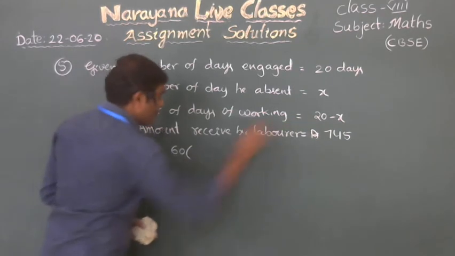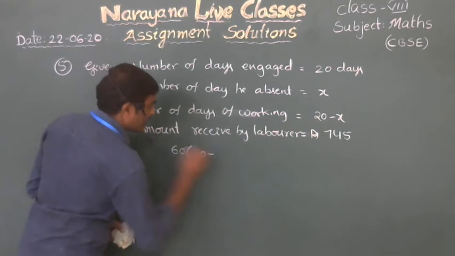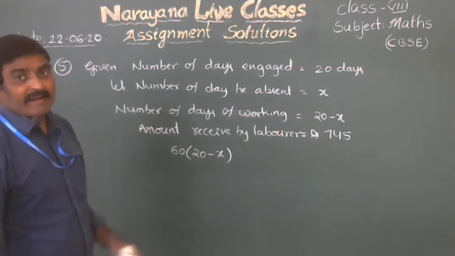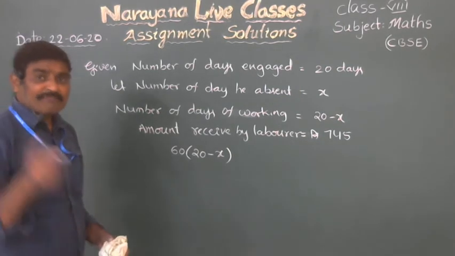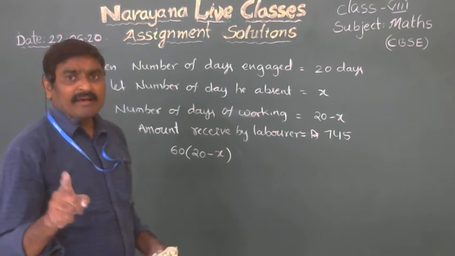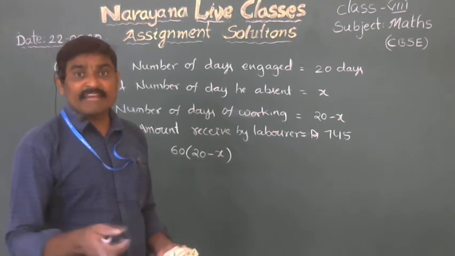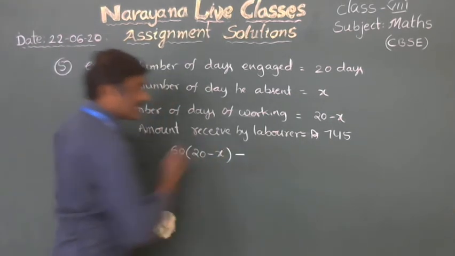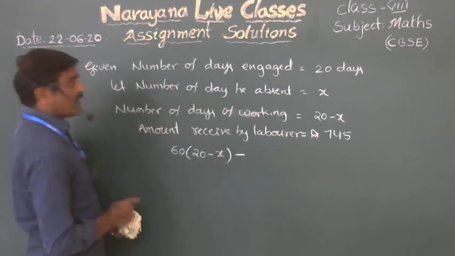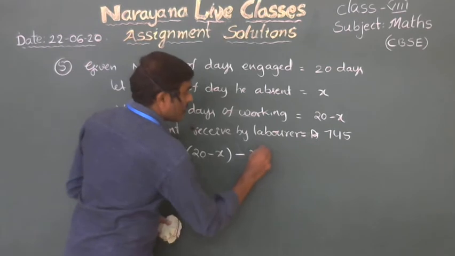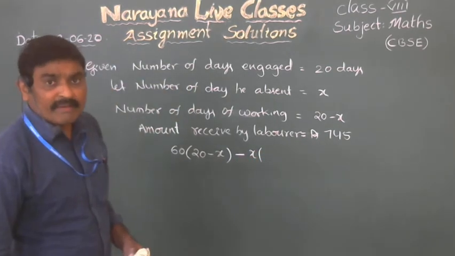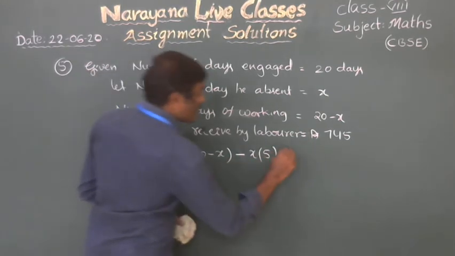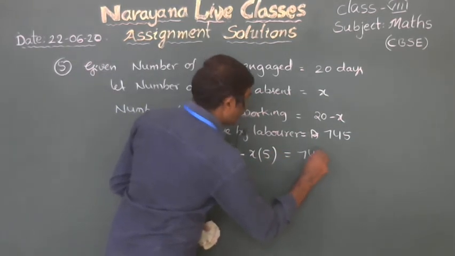He was working 20 minus x days. So 60 into 20 minus x is the earning. And the fine will be subtracted from the earning amount. Minus how many days was he absent? x. Each day how much will he be fined? 5 rupees, so 5 into x, is equal to 745.